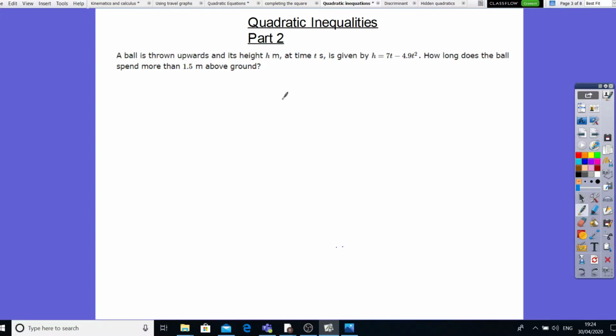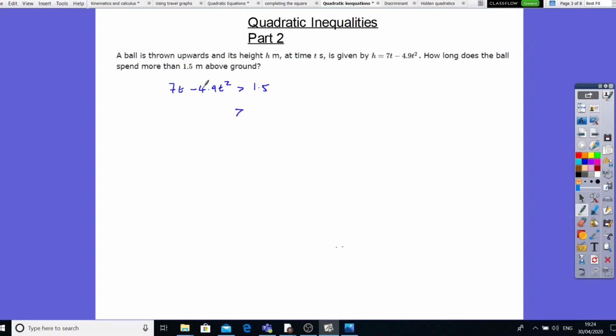Okay, so first of all, we need to rewrite this. We need to say when is the height, which is 7t minus 4.9t squared, above 1.5. So I'm going to bring everything to one side. Let's keep this inequality the same.